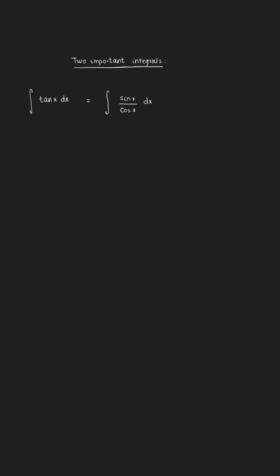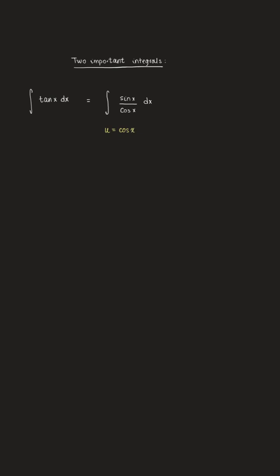So I'm going to write this as sine of x divided by cosine of x, and I'm going to do a u substitution. Now, we could either let u be cosine or sine, but if we let u be sine, then du will be cosine x dx, but our cosine's in the denominator, so we can't accommodate for that. So I'm going to let u instead be cosine of x.